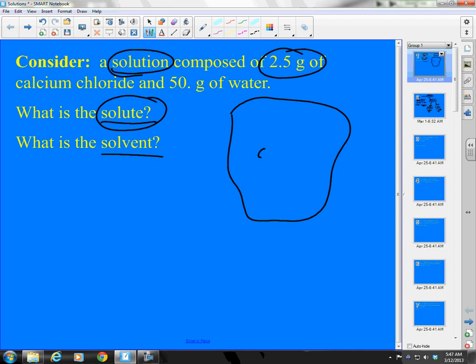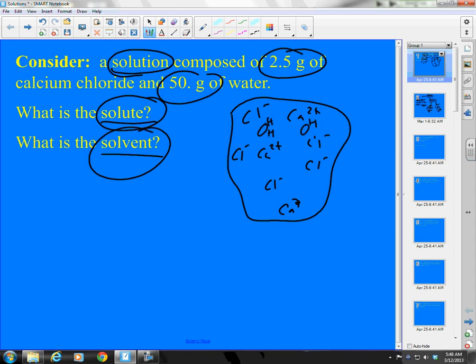That means that I would have my calcium chloride uniformly distributed, right, throughout my solvent. And my solvent is what? My solvent is in greater quantity, water. So I would have waters throughout this, and we would have a uniform dispersal.